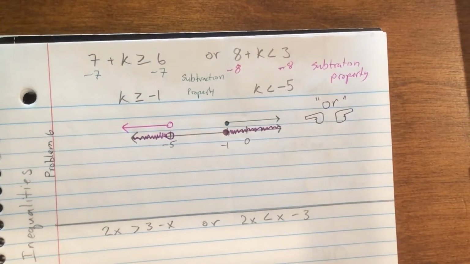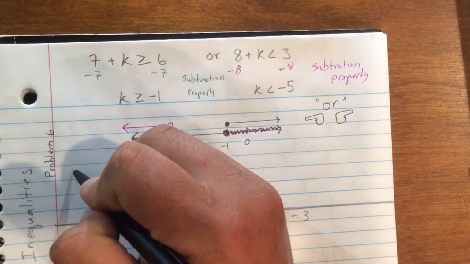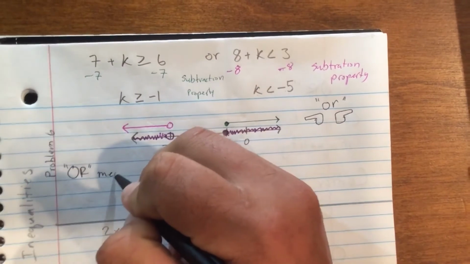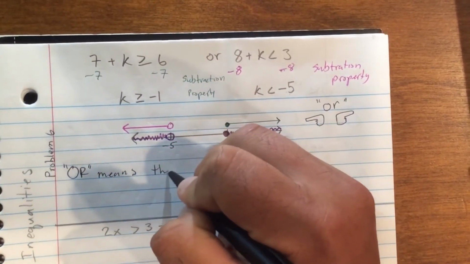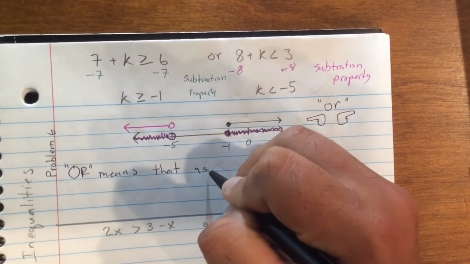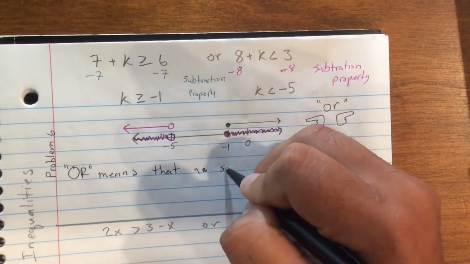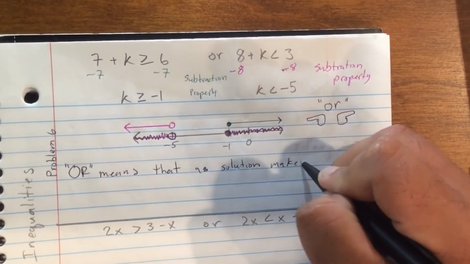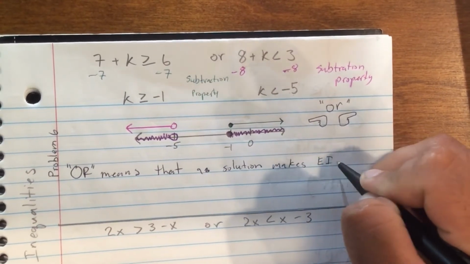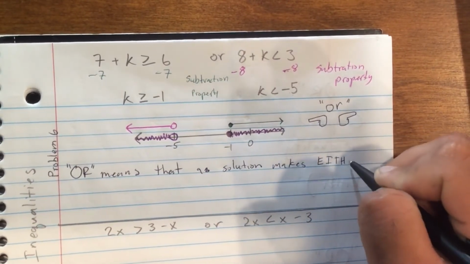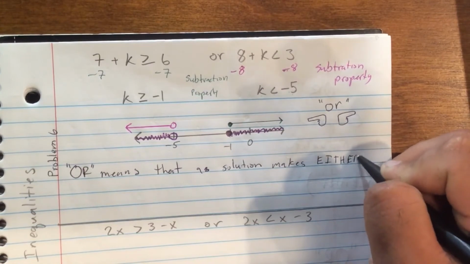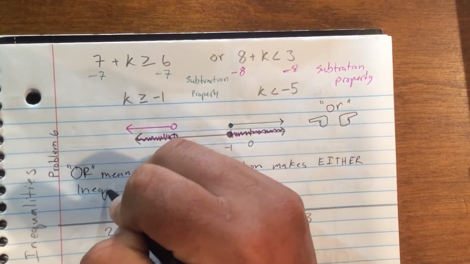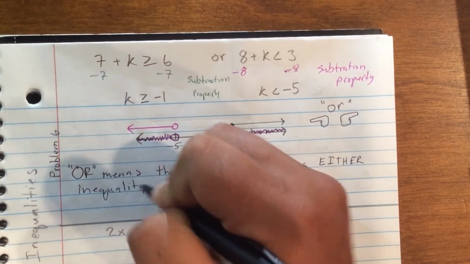So once again, an OR statement means that a solution makes either inequality true.